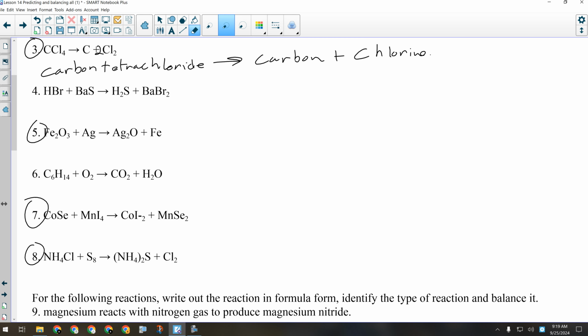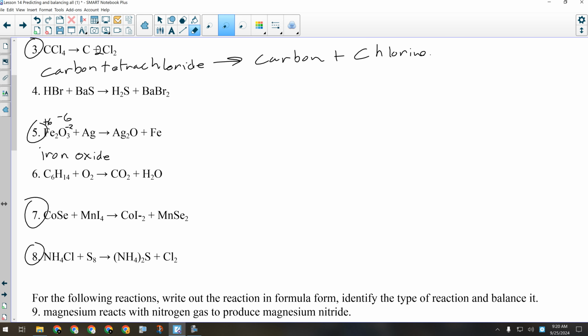All right, for number 5, why did I pick this one? We must include Roman numerals. On that last quiz, probably the most common mistake was forgetting the Roman numerals on both the reactants and product side of one reaction. I think it was copper that was involved. So that is why we are reviewing this one here. So this is going to be iron oxide, and then to figure out the Roman numeral, oxygen is always a -2. 3 times -2 is -6.